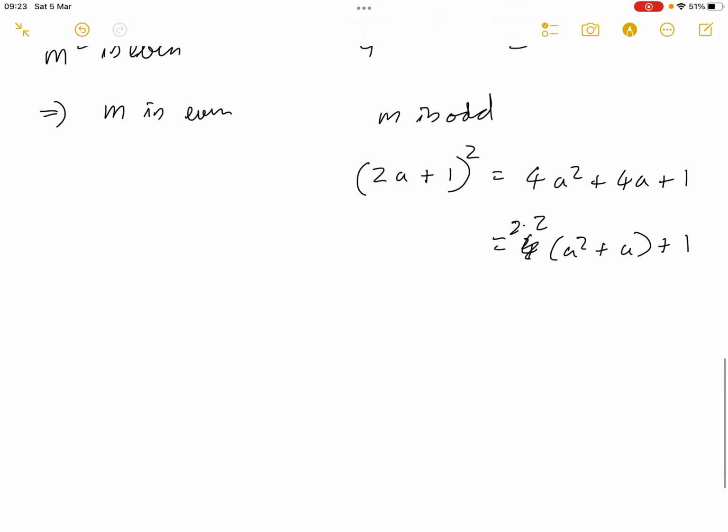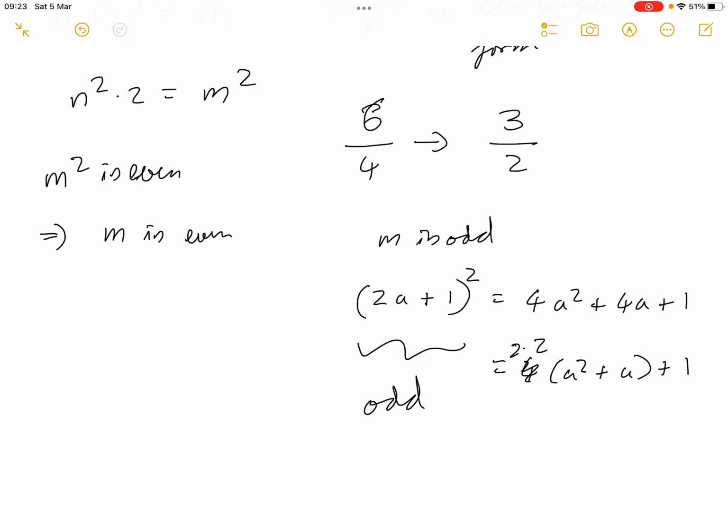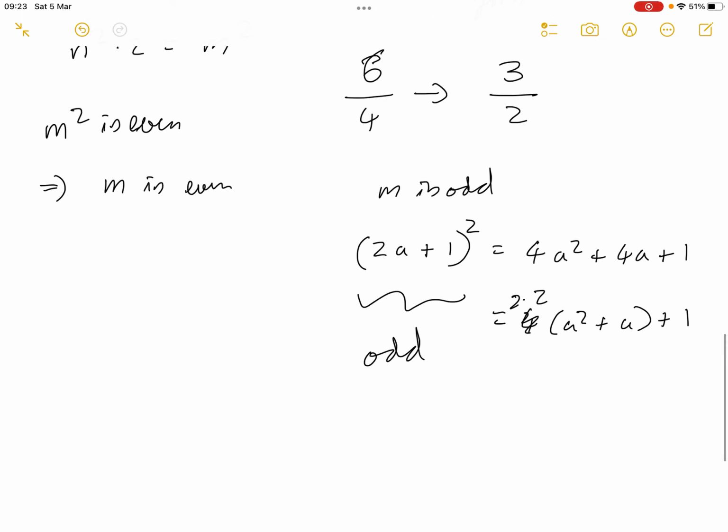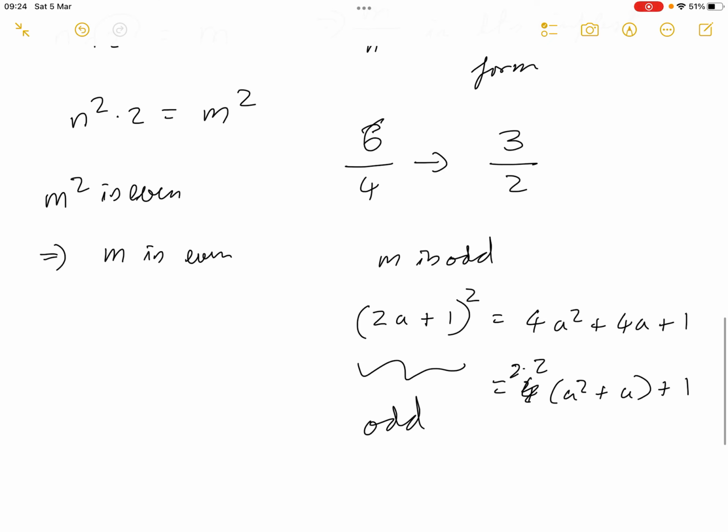So it's 1 more than a multiple of 2, and that means that this entire thing is odd. So if m squared was odd, then m would be odd, right? So that means that m can't be odd, and so m is even. This seems a bit backwards, but that's the way you prove it, I think.